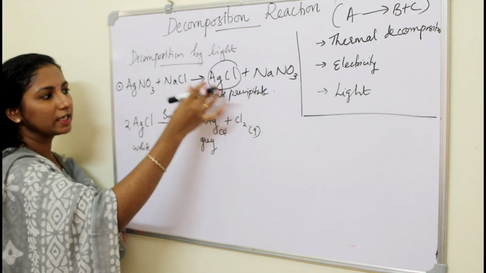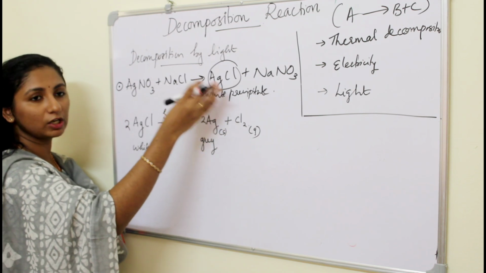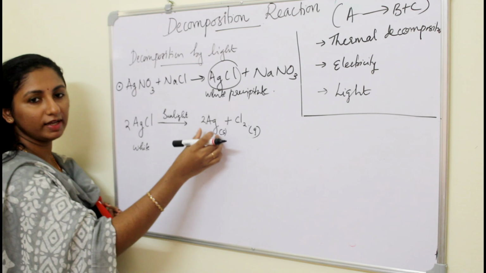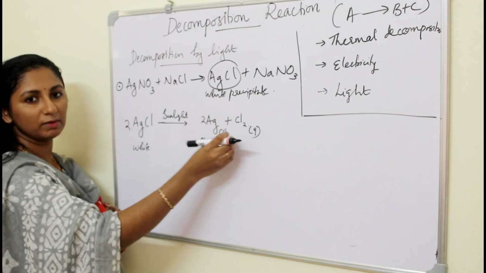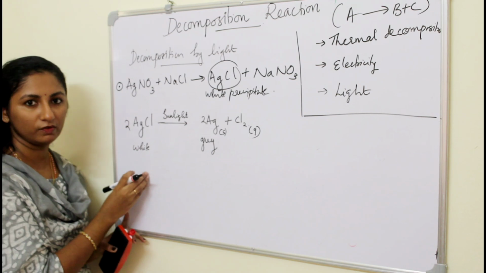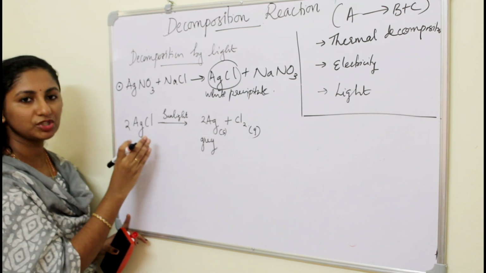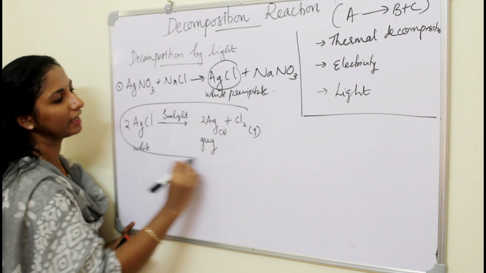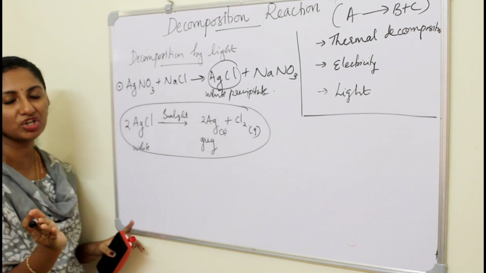After that, we will keep this silver chloride under sunlight, and after some time we will get silver, and this chlorine gas will be evaporated. Okay, so that's why the color of this compound which we have taken will change from white to grey color. So this is an example for decomposition reaction by the application of light.